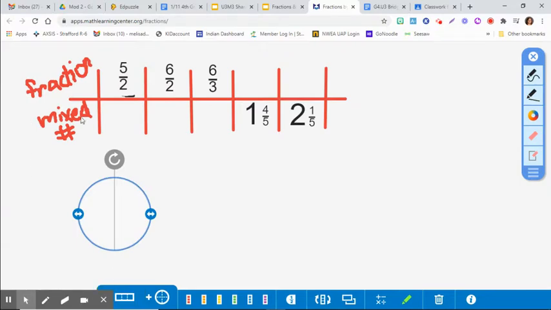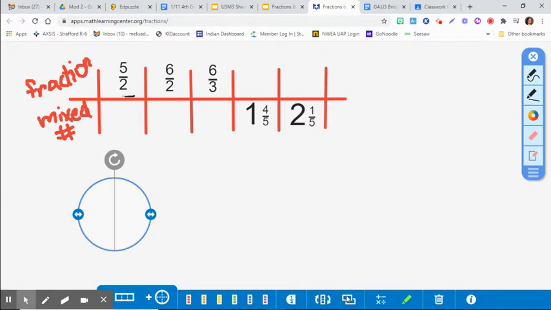All right, so we've got a ratio table here. And let's say you need to figure out the mixed number for an improper fraction, or you have the mixed number and you need to come up with the improper fraction. So here is one way to do that. We've got 5 halves. That means literally that we've got 1 half, 2 halves, 3 halves, 4 halves, 5 halves.